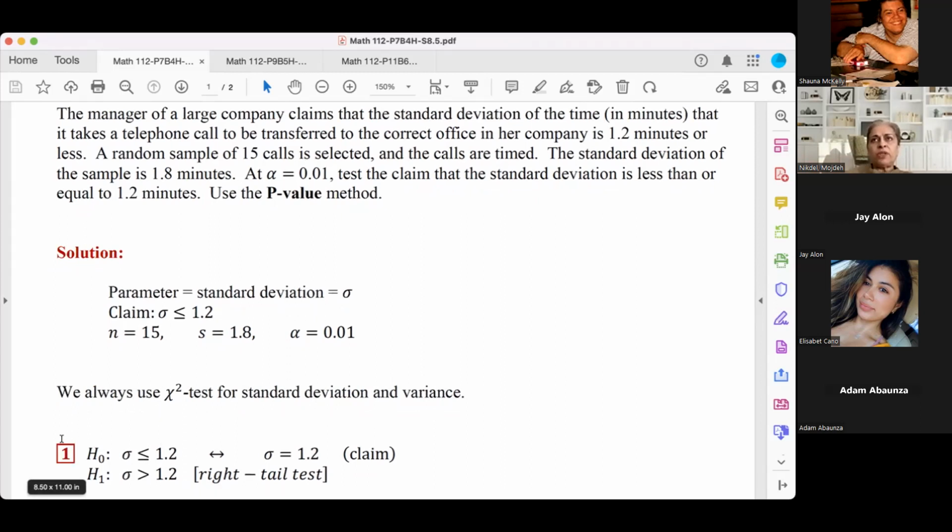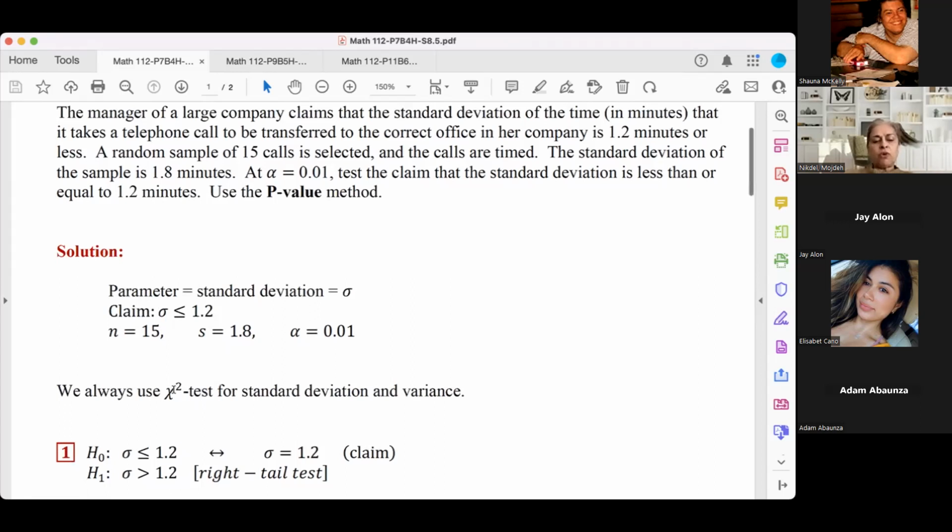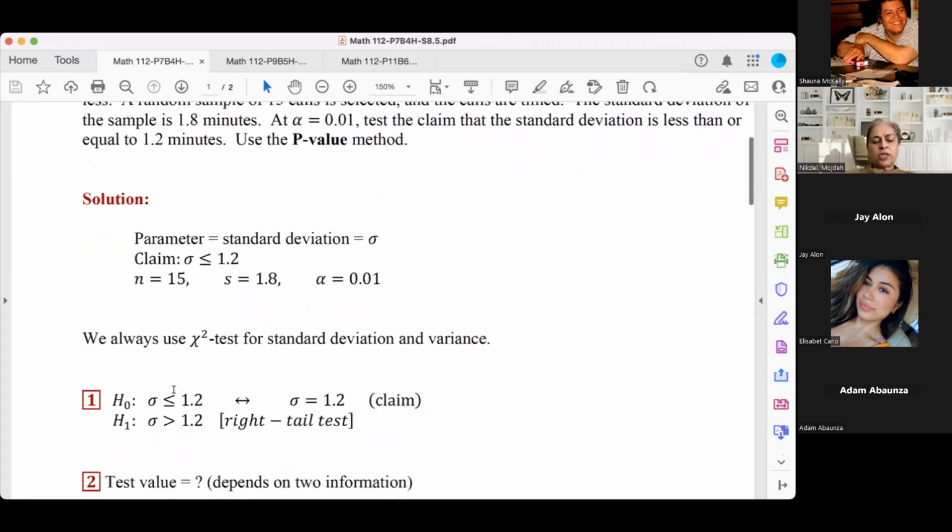I want everybody to do that when you are doing your homework, quizzes, and exams, especially quizzes and exams, because I have to look at so many steps, okay? So you look at the formula sheet for chapter 8, and since we are using the chi-square test, find the formula that starts with the symbol chi-square, and that would be the test value.